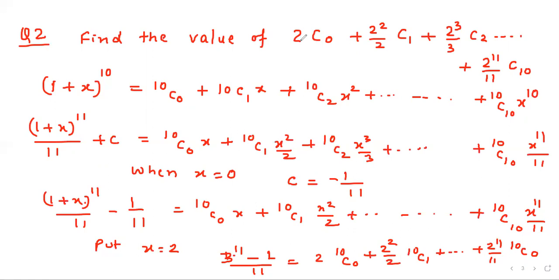So 2C0 plus 2 squared by 2C1 etc. is equal to (3 power 11 minus 1) divided by 11.